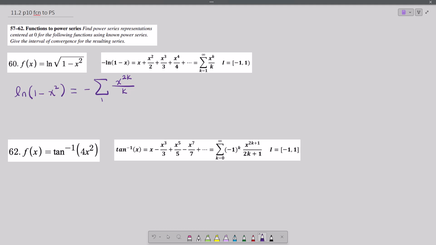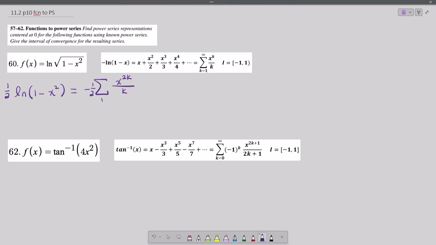How do we get the square root? So we need to get a power of 1/2 on the inside of this log. How do you get a power on the inside of a log? Multiply by 1/2. If we multiply by 1/2 out here, we multiply by 1/2 here.